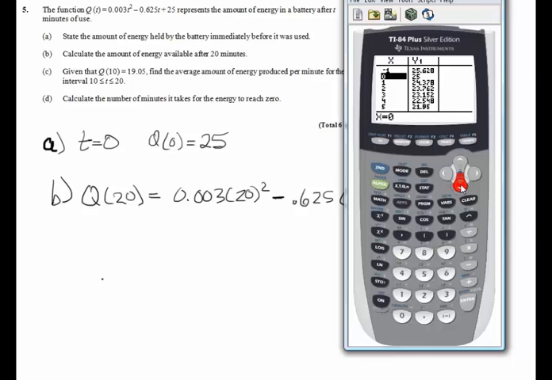If I just go down, and this may take a second, I can find out at 20, hopefully I didn't go too far, I did. At 20, it's 13.7.